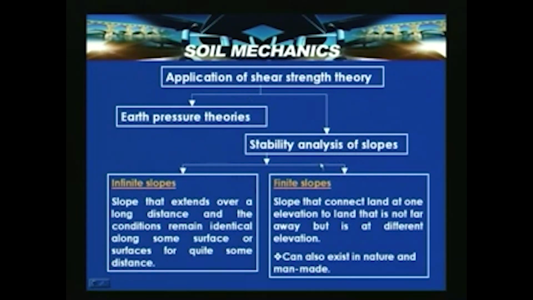So, predominantly there are two slopes, one is infinite slope, other one is finite slopes. The infinite slopes, the slope that extends over a long distance and the conditions remain identical along some surface or surfaces for quite some distance. That means that properties remain identical along some surface or some surfaces for quite some distance.